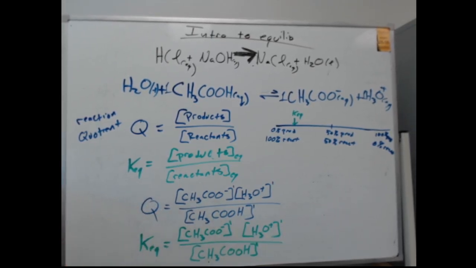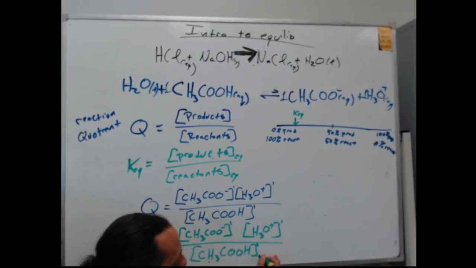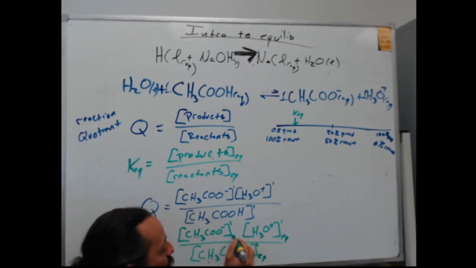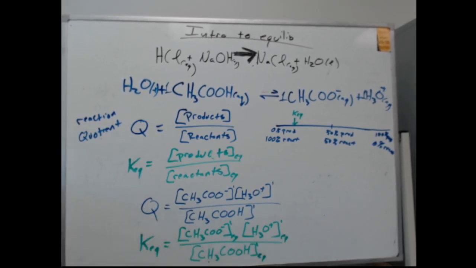The important difference: these values that I have written in blue, any numbers, Q is just keeping track. These values I have in green, this equation is only going to be true at equilibrium values. So once the forward and the backwards, once it looks like nothing is changing anymore, once it hits some stable balance of the reaction, that's the only time that KEQ equation is valid.